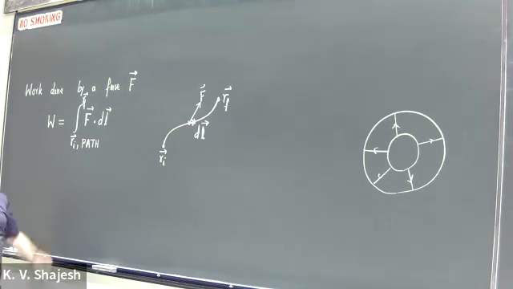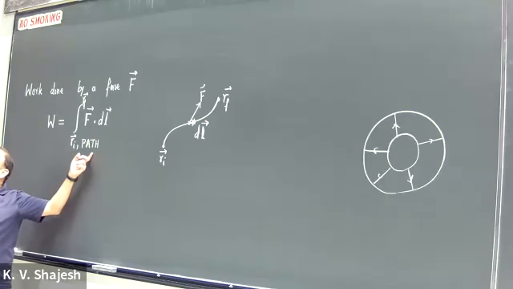And sometimes it happens, very rarely, that this is independent of the path. I just introduced the idea that it is ambiguous if you do not specify the path. If by any chance it is independent of the path, which very rarely happens, gravity is a classic example.